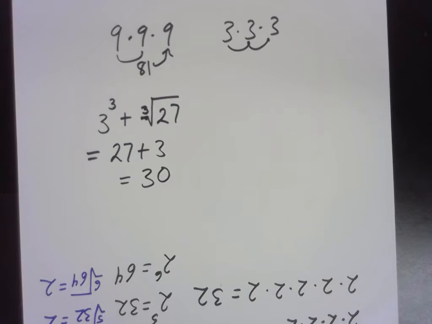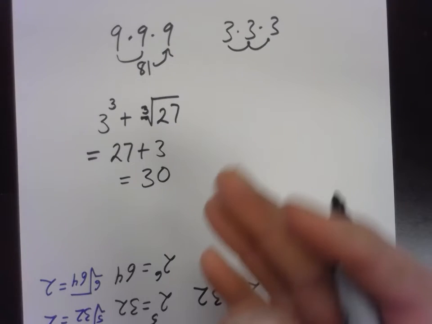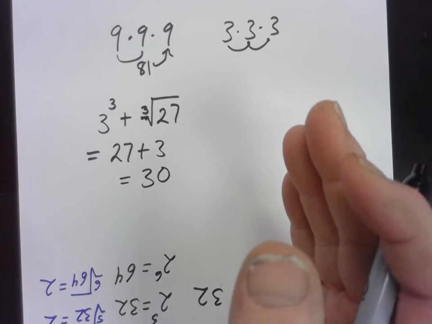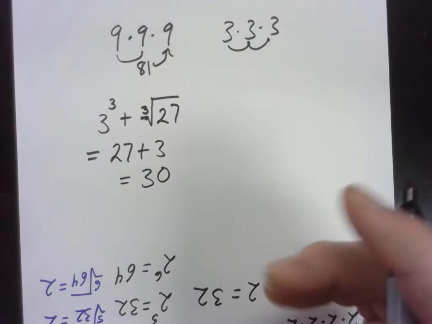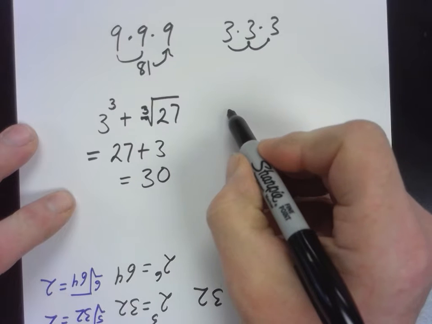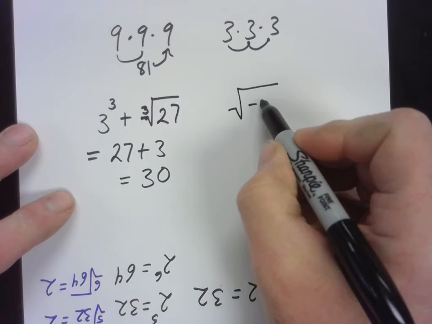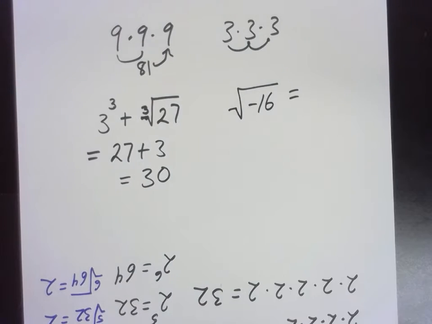Okay? Now, the thing with cube roots is sometimes we have to worry about negative numbers. We don't worry about negative numbers with square roots. I'm never going to ask you this question. The square root of negative 16. What number times itself is negative 16?